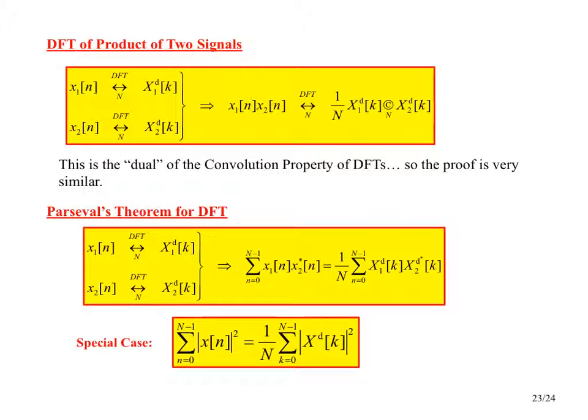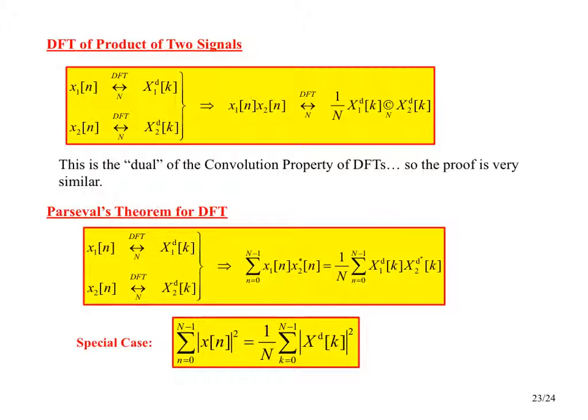Remember when we viewed them as a matrix, the matrix for the IDFT is basically the complex conjugate of the matrix for the DFT. So they're basically the same process. We would expect dual results to be very, very similar.